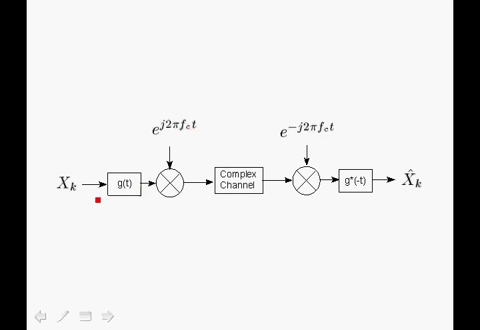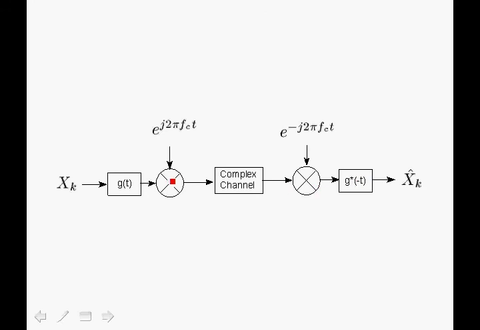We're left with x of k g of t. We pass that through the match filter shown over here, and since we're dealing with complex signals, we actually have the conjugate of g of t, and we have g of minus t because this is a match filter.